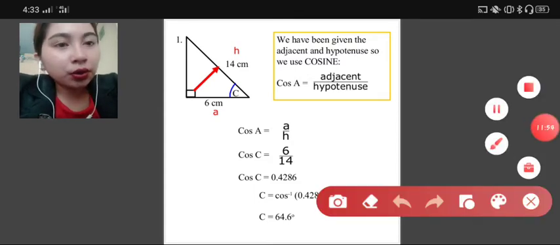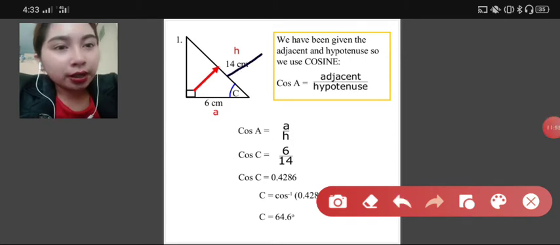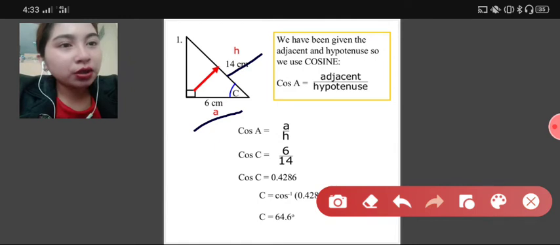So, ito yung hypotenuse natin, ito yung adjacent natin. So, given yung dalawa, kailangan natin hanapin is ang opposite. So, gagamitin natin yung cosine na formula, which is the adjacent over hypotenuse.